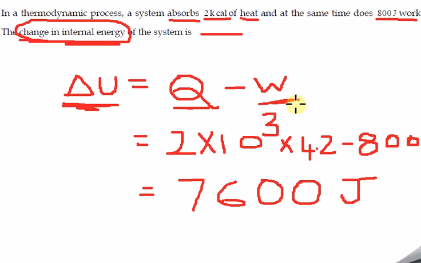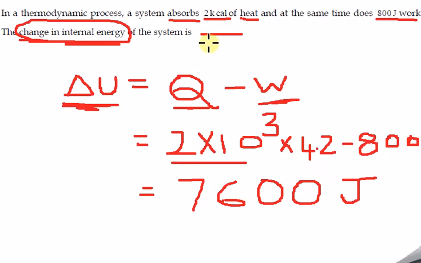Now I am substituting 2 kilocalories. Kilo means 10 power 3, so 2 into 10 power 3, and I am multiplying it by 4.2. Why am I multiplying by 4.2? Because 1 calorie is 4.184 joules, which is approximately 4.2 joules.